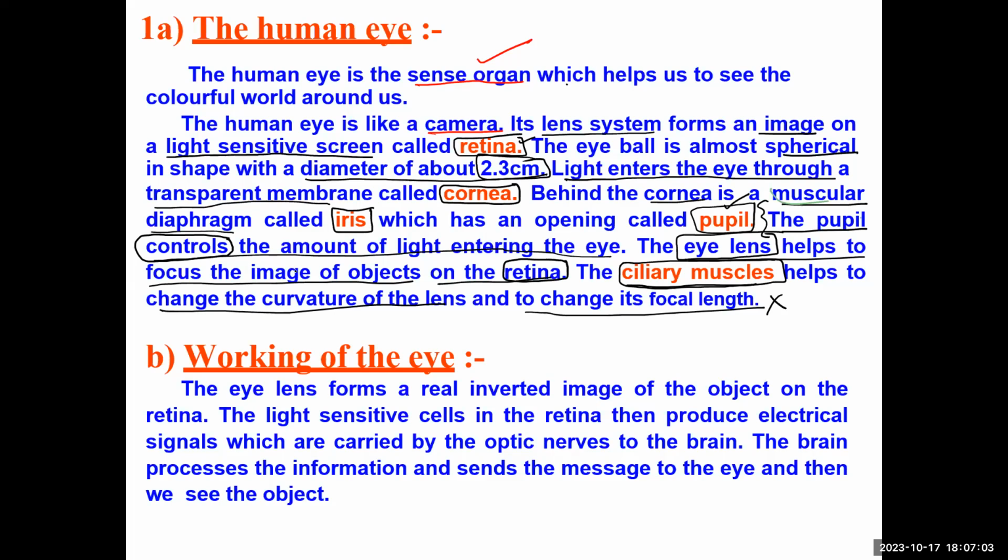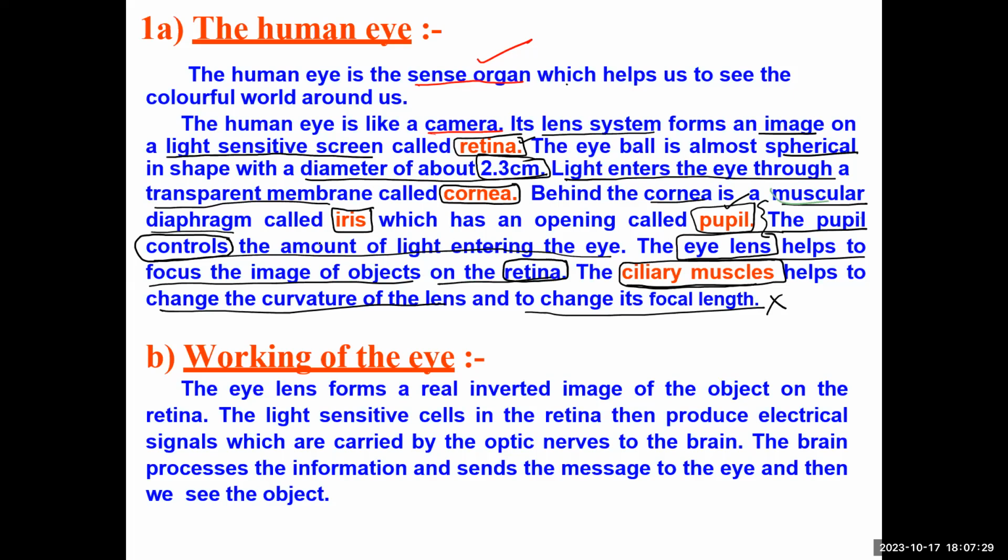It will not allow any light which is more than the eye's capacity. Why? Because when a huge amount of light falls upon the eye, we try to close our eyes. We get that sensing because of the pupil, which is a control system that will allow only the amount of light which I can take.